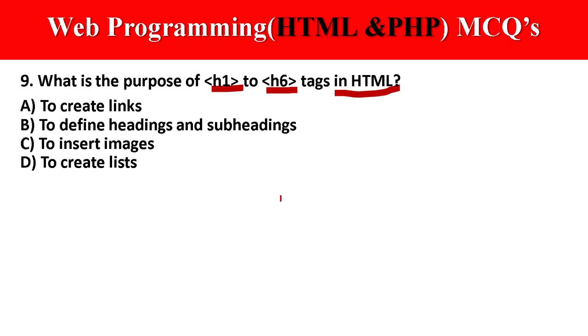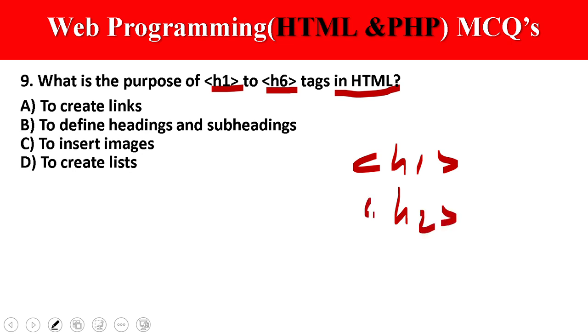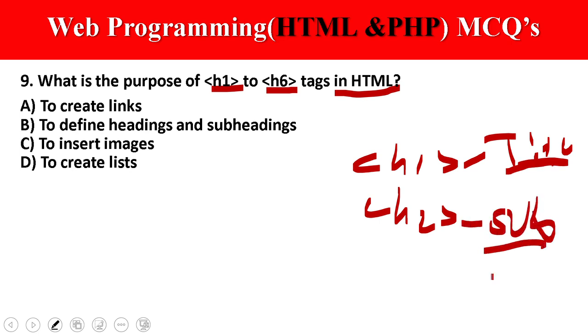When we use heading 1, then heading 2, this is the heading or the title. This is a subheading. So defining headings and subheadings is the advantage of the tags from H1 to H6.